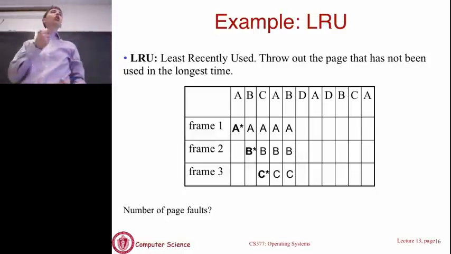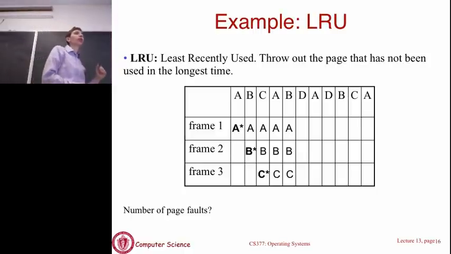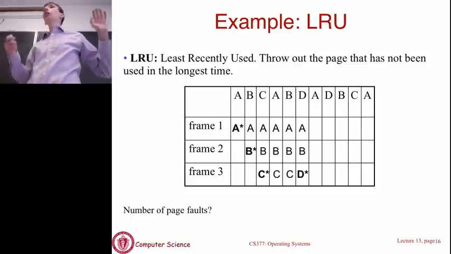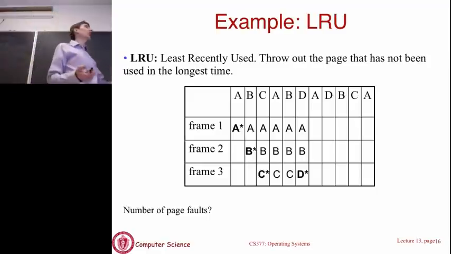Because C was the least recently used page of everything that's in memory. So we're going to throw out C. And remember, we're using the past as a guess for the future. And in this particular case, we see that we made a good guess, right? Because here we did the same thing that was good in the min case. We didn't throw out page A, we threw out page C instead.